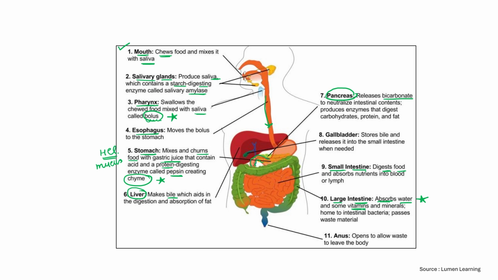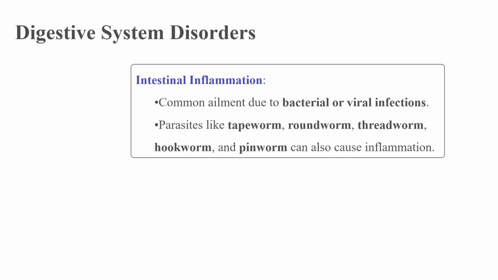From there, the solid waste material passes towards the anus, where it is allowed to open and defecate the waste material outside the body. So this is the overall overview of the whole digestive system of our body.